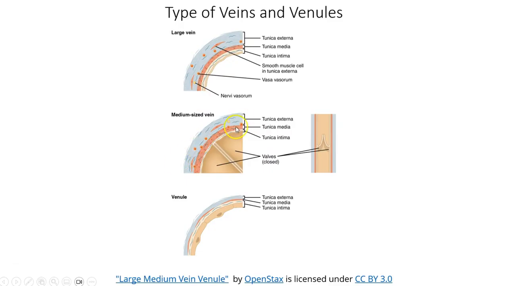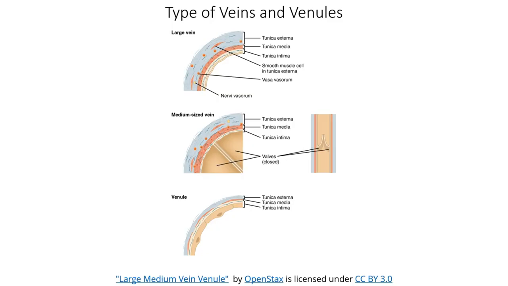Medium-sized veins are going to have a slightly thicker muscular wall, slightly thinner tunica externa, still about the same number of elastic fibers in there. So again, veins are always going to carry blood back to the heart. It does not matter if it's oxygenated or deoxygenated, it's just carrying blood back to the heart.